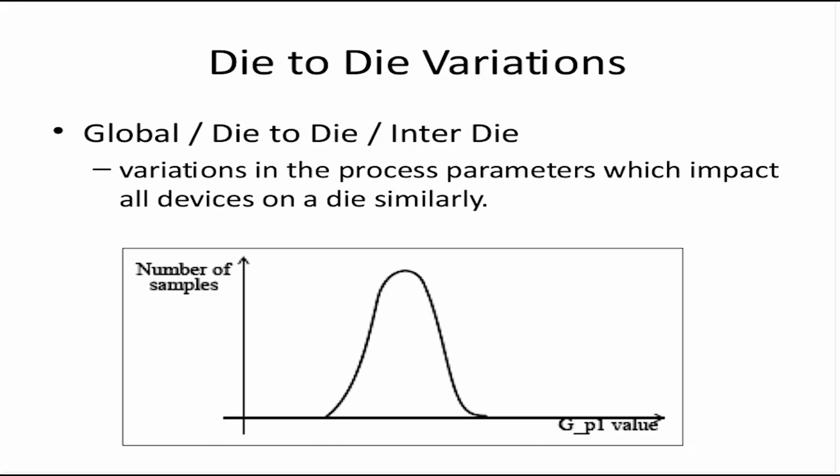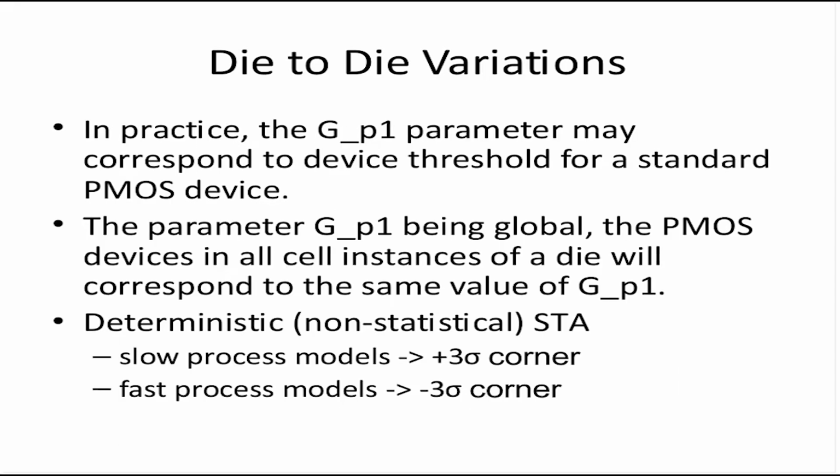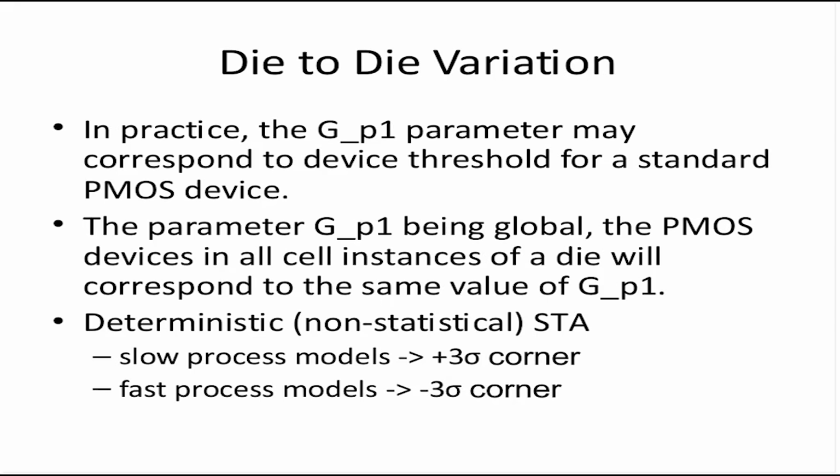So here is one example where we plot the number of samples against a parameter called GP1. We get a Gaussian curve. In practice, the GP1 parameter may correspond to the device threshold, the VT value, for a standard PMOS, right? Now we already know that GP1 is a global parameter. So PMOS devices in all cell instances of the die will correspond to the same value of GP1.